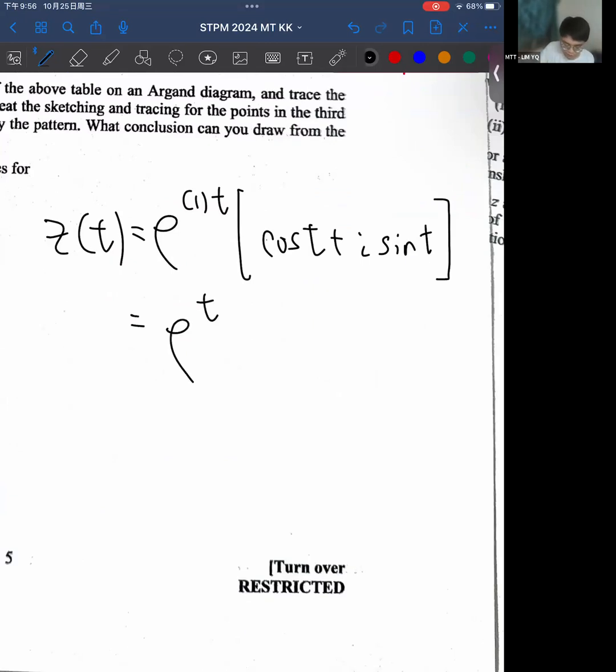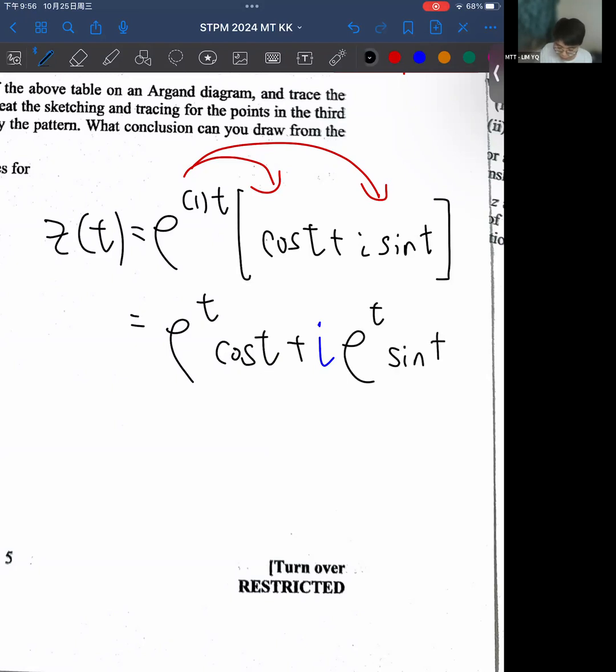e^t times (cos t plus i sin t). I can use the distributive law and it becomes like this: e^t cos t, and I put the i outside so it is easy to see that this is the imaginary part. So here you have two parts, the real part and the imaginary part, correct?